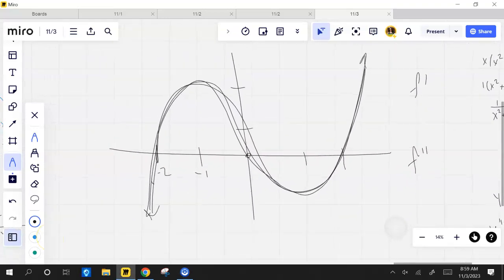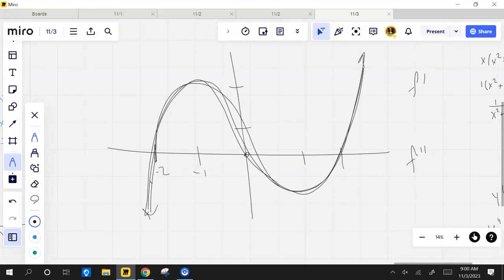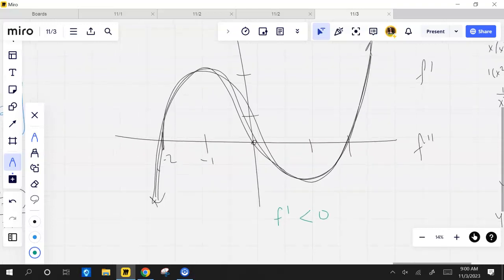No, you're just supposed to say where. So for the first derivative, where is it negative? No, positive. That's okay.